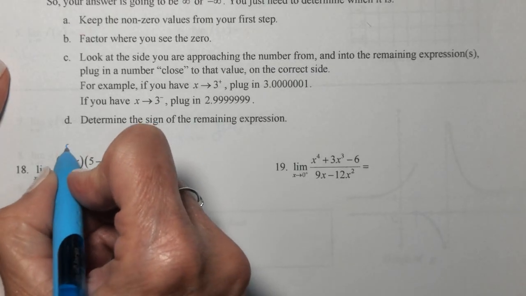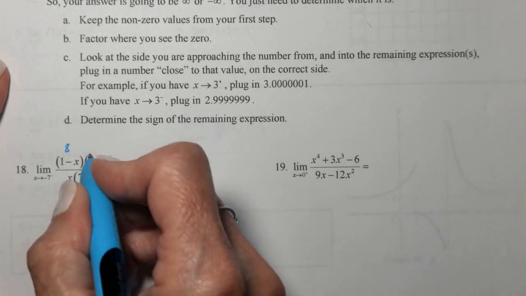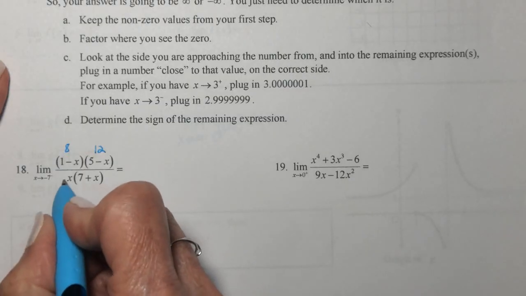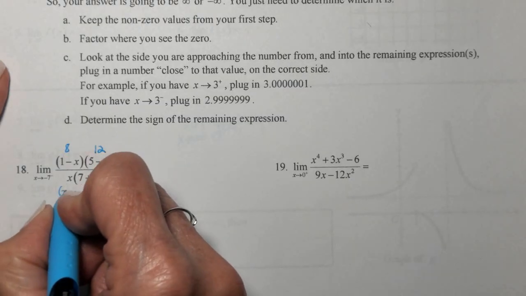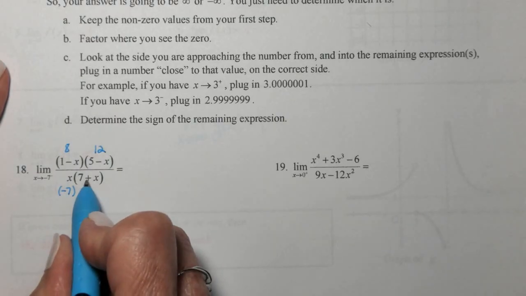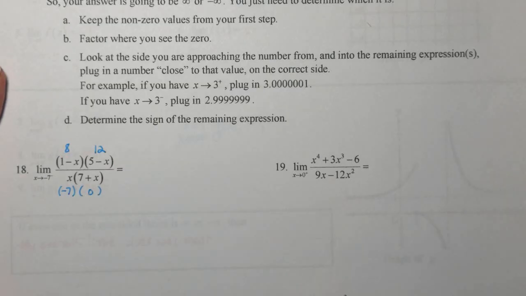This is 8 times 1 minus -7. 5 minus a -7 is 12. There's a plain x on the bottom, so I have -7 for that. And right here, 7 plus -7 is 0, right? Yeah? So I have 0 on the bottom.